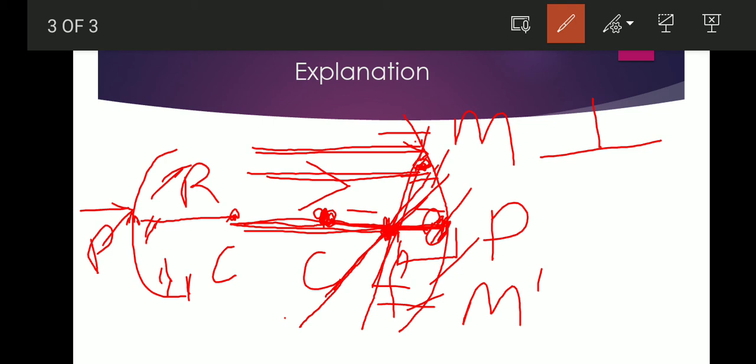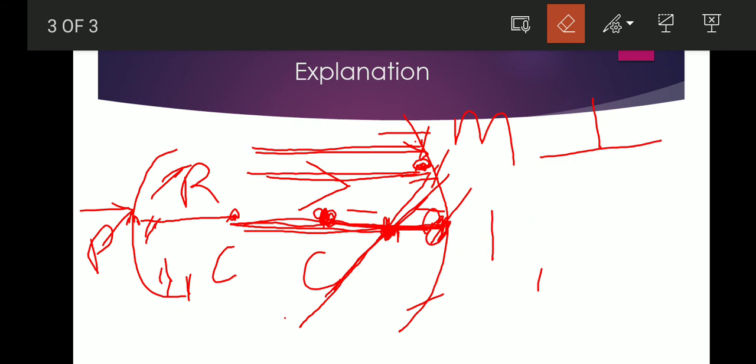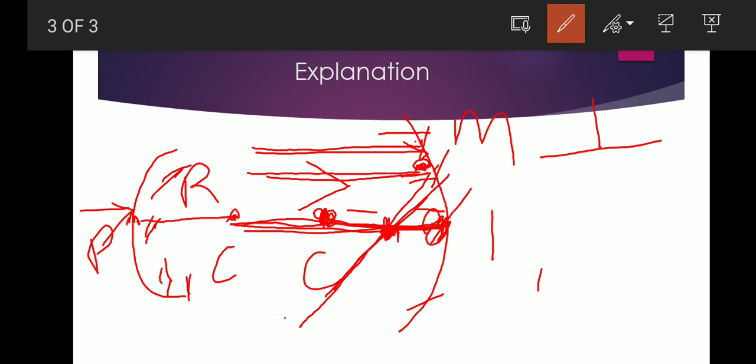Okay, let's rub this. This is F. So focal length will be this distance between this point and this point. This is called focal length.